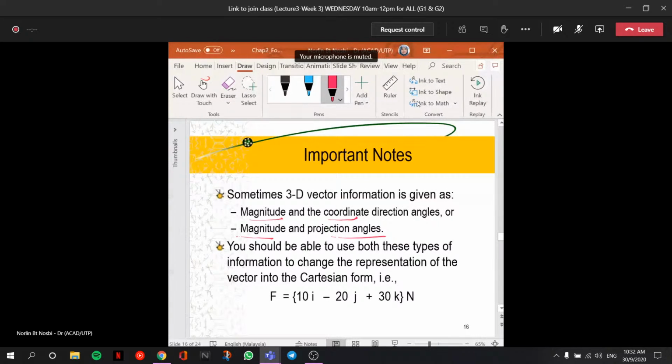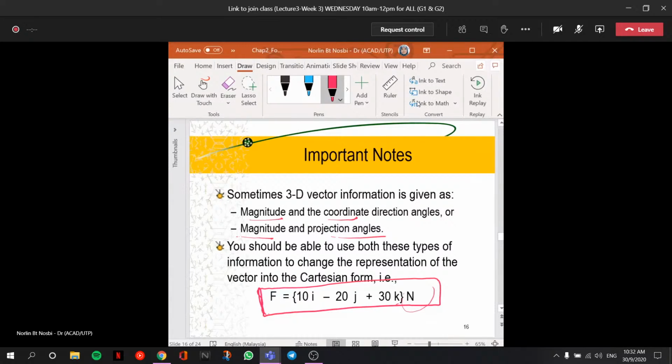Okay, for example, this is the Cartesian vector form, where there is I, J, and K. Don't forget the unit. Just now I showed you A, B, C, D, right? In a real situation, like the cables in the tower that I showed you, there is a force.